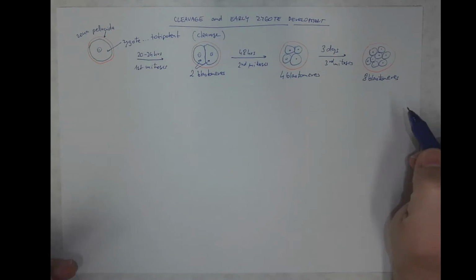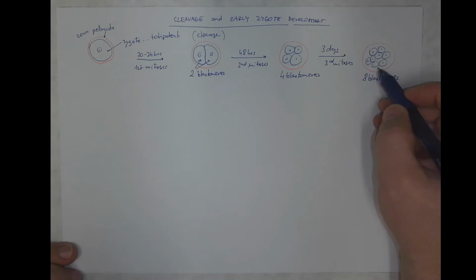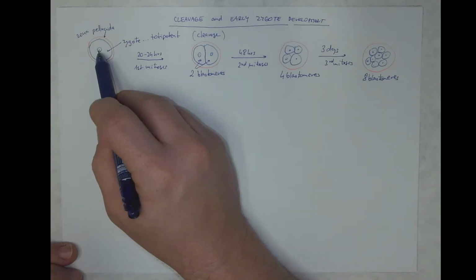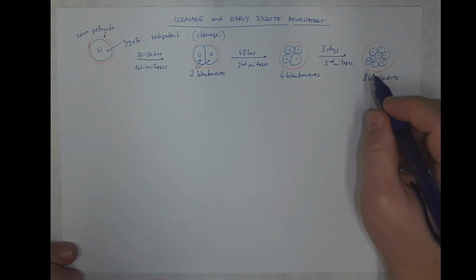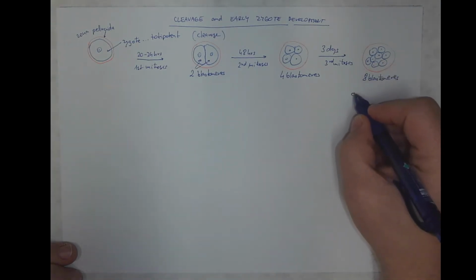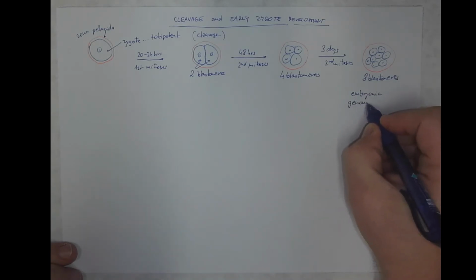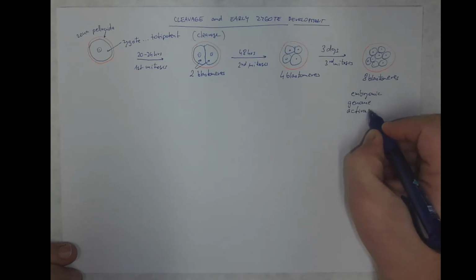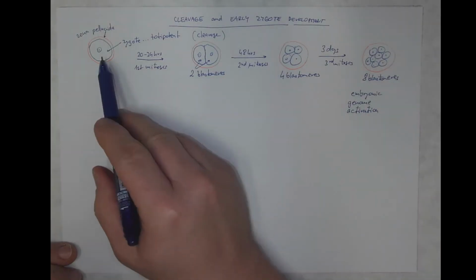Three days after fertilization, at this stage, this early embryo starts to activate its own genes from the nucleus that has been formed during the formation of the zygote. This important point is called embryonic genome activation, because since then the RNA is copied from the DNA of the zygote.